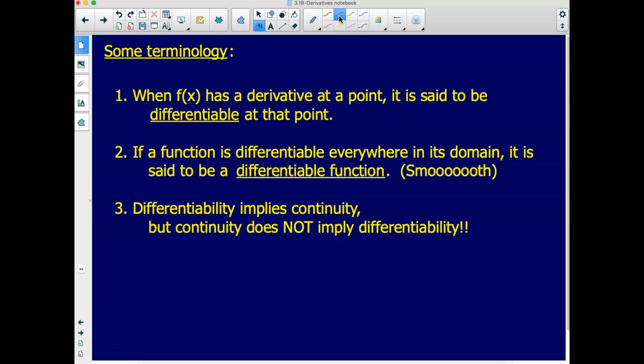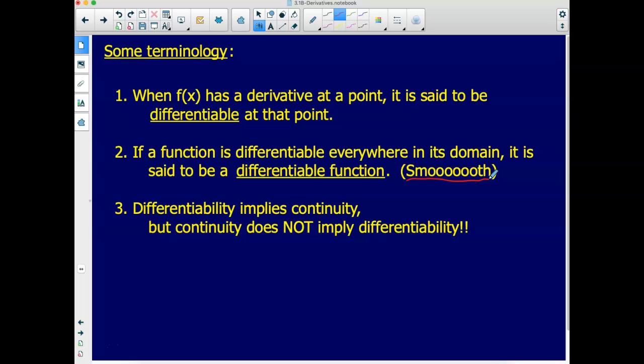I can define functions that are not differentiable as well; we'll look into that later. Square root functions are smooth everywhere except where they start. Rational functions are smooth everywhere except where they have holes or vertical asymptotes. Smooth means there are no sharp points and no breaks or jumps in a graph.